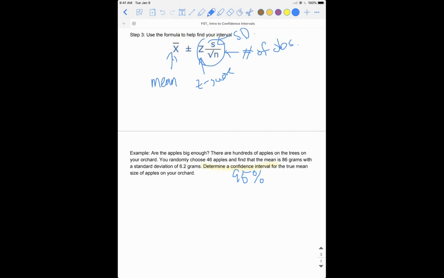First, our mean: x bar equals 86. We also need our s, standard deviation, which in this case is 6.2. And we need our n, our number of trials or observations, and in this case we chose 46, so n equals 46. Lastly, we said 95, so let's get our z-score that goes with that.